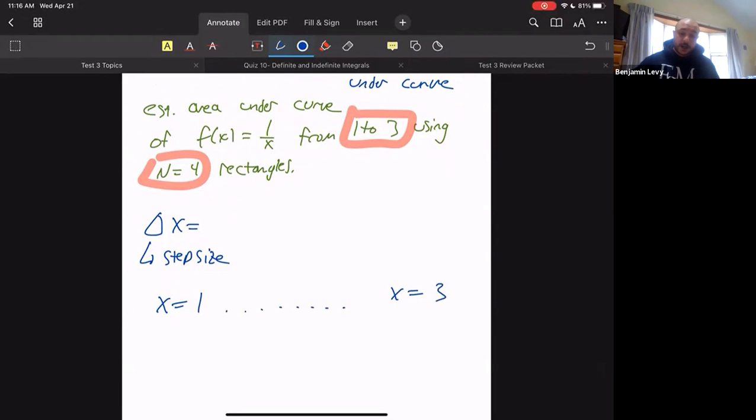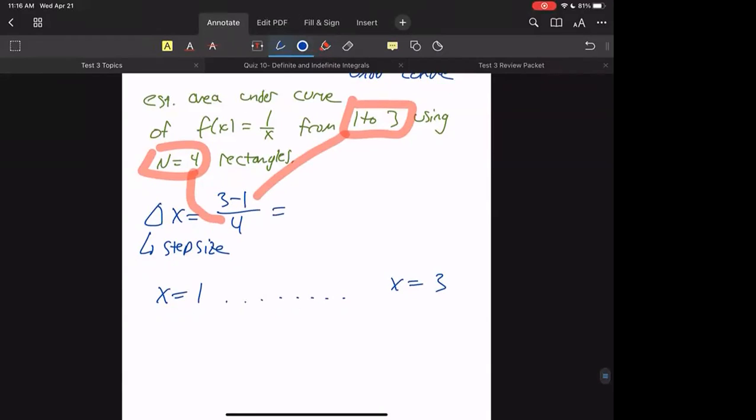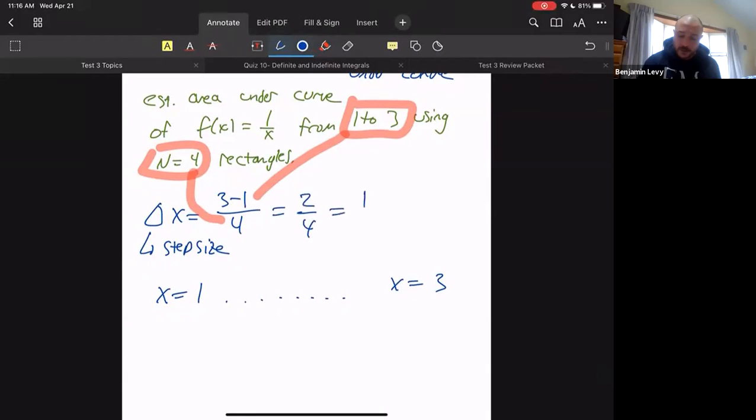And so what is delta x? It's just the size of the interval divided by how many pieces you want. And so that ends up being 3 minus 1 over 4, right? That's how you figure out how many steps you're going to end up taking. And that would be 1/2, of course. Exactly, 2 over 4, 1/2.